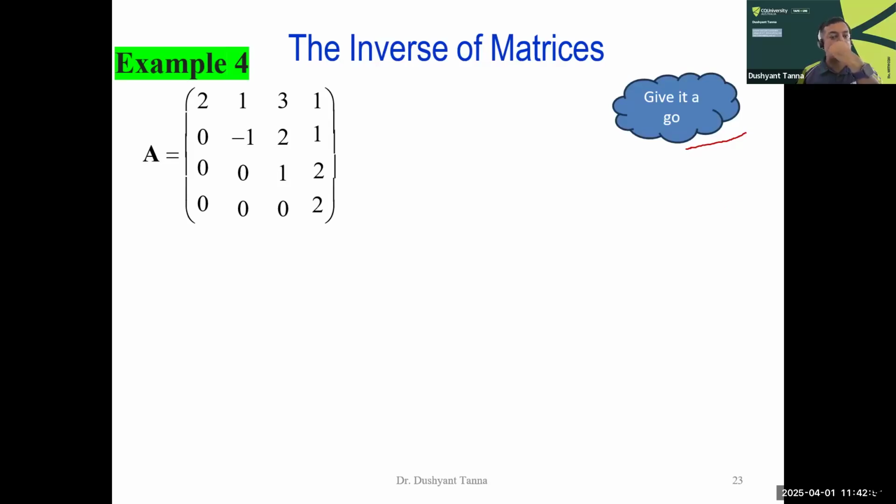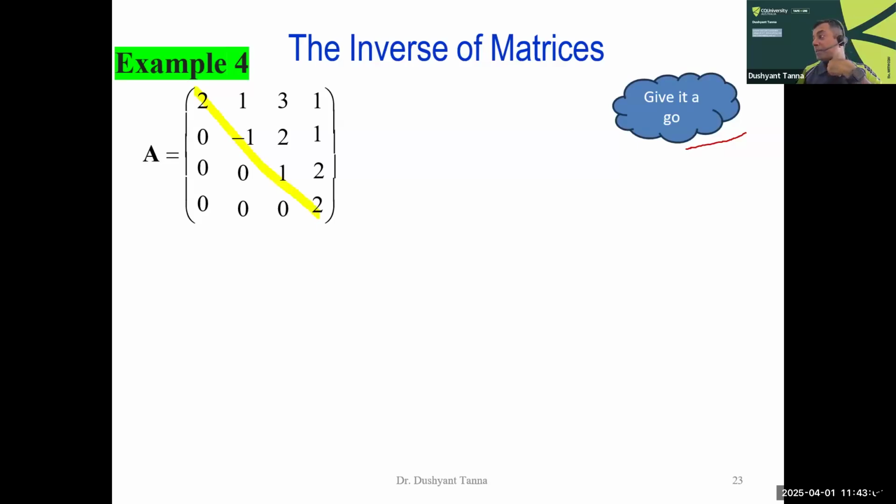That is this, that's your principal diagonal, just multiplied.